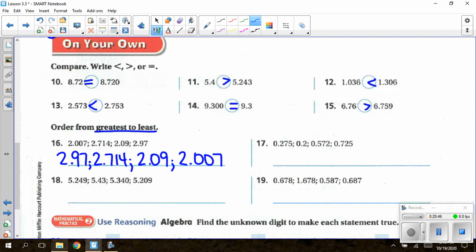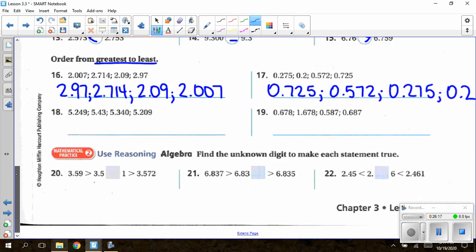Moving on to question number 17. After lining up my decimals, I do notice that my largest decimal is my 725 thousandths. Next, I would have 572 thousandths. Third, I would have my 275 thousandths. And finally, 2/10 is my smallest decimal.